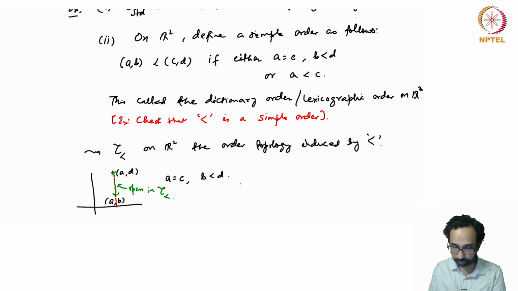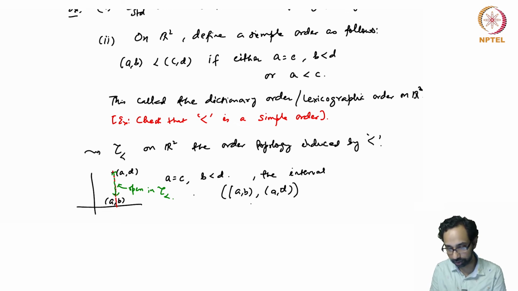So this interval, the interval from (a, b) to (a, d), so these are two points and this is the interval. So this is a point, let's call it A0 and this is A1. So this is the interval A0 to A1 with the strictly less than relation.